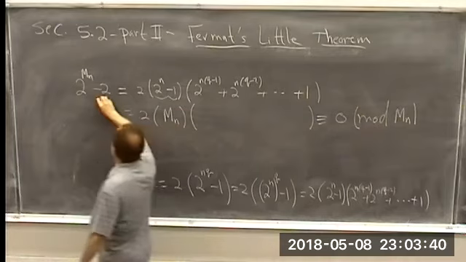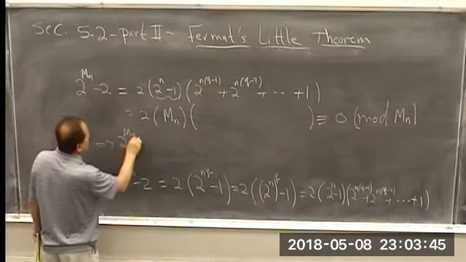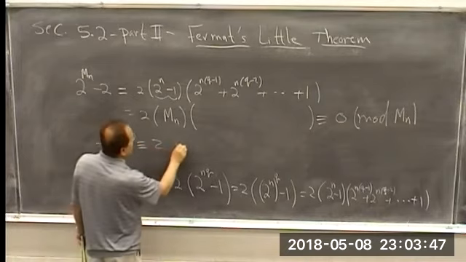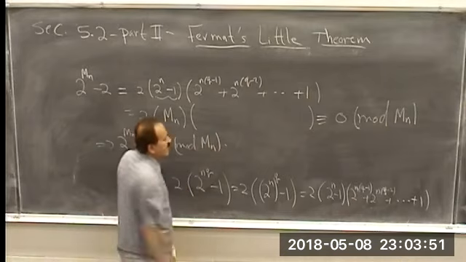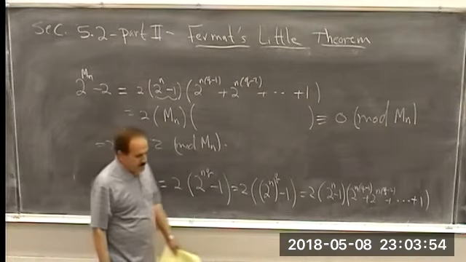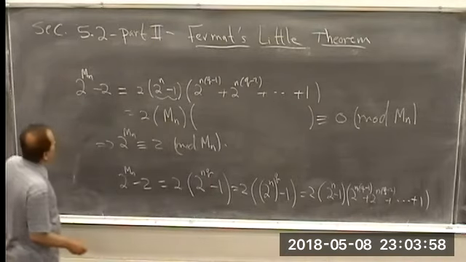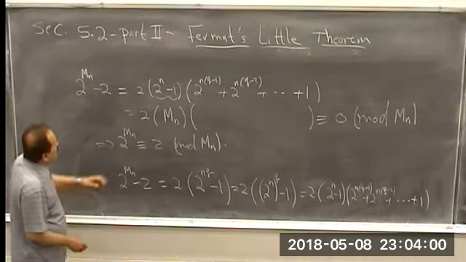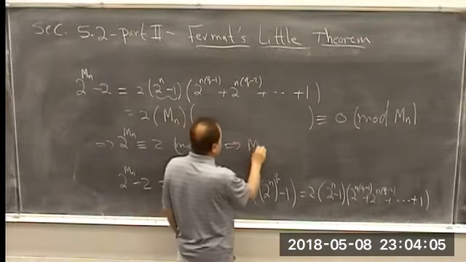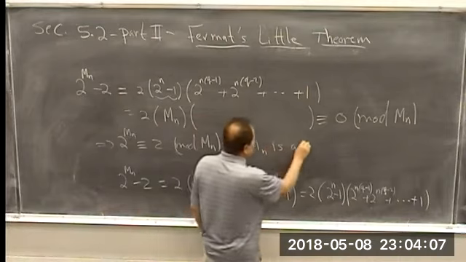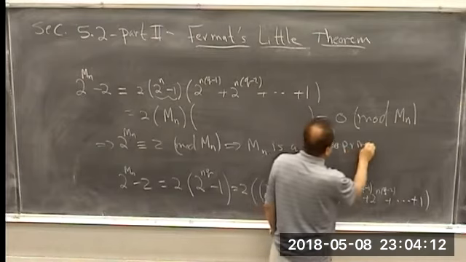So this one is congruent to 0, meaning 2 to the m sub n is congruent to 2 mod m sub n. And it shows that, therefore, this implies that m sub n is a pseudoprime to the base 2.